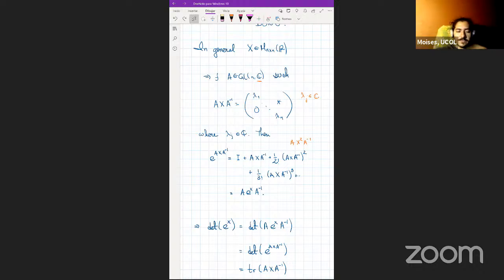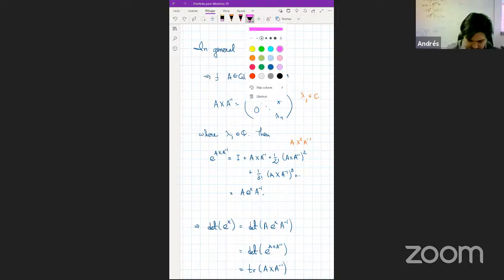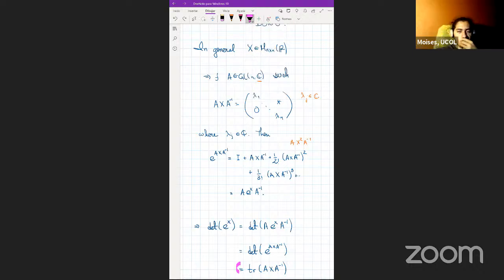Is that equality correct? Come again, Moises? Is that equality correct? You wrote the determinant of e to the... Yes, right. Here I'm using what we proved in the first part. So this is upper triangular.